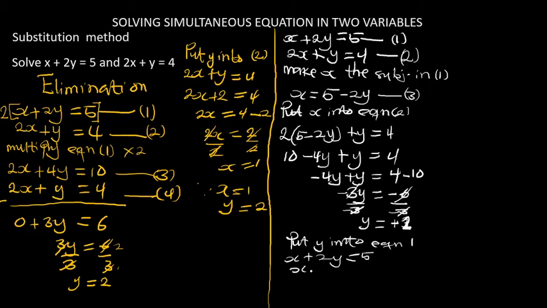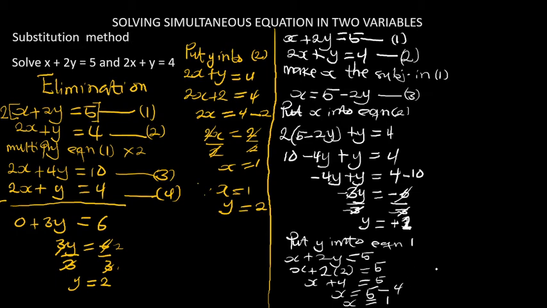Now y, remember, is positive 2, so x plus 2 times 2 equals 5. Alright then, so x plus 4 equals 5. So x will be equal to 5 minus 4. If we bring 4 to the other side, it's going to be minus 4. So x now is equal to 1.